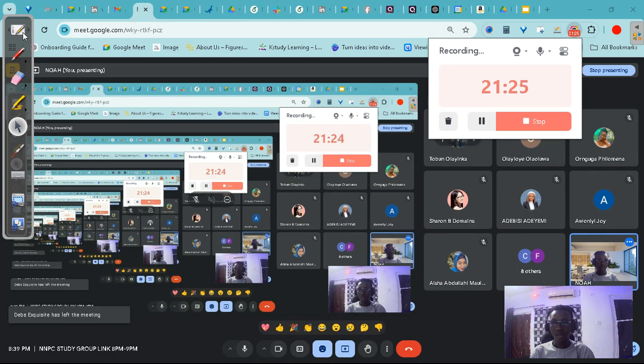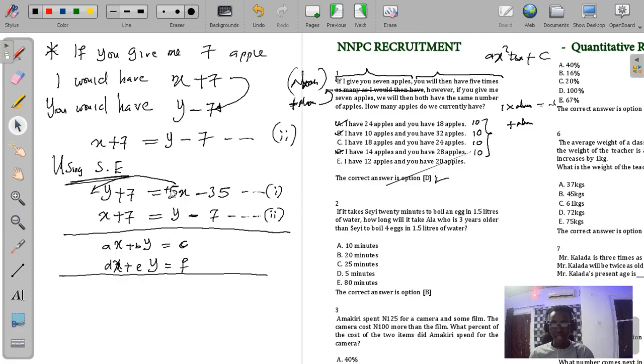So guys, from here, there's an invisible plus, right? So I need to take this plus 5x to the left-hand side of the equation, and then we have it as negative 5x. I'm taking this plus 7 to the right-hand side because I don't need any other constant, just x and y alone. So if I bring this one like this, I have minus 5x. I already have y here initially, and there's an invisible plus here.